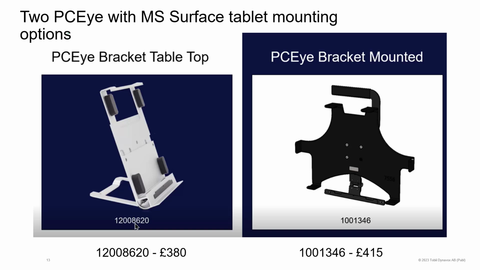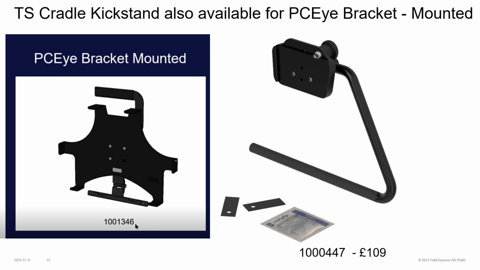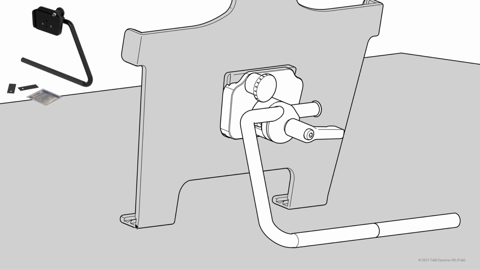This doesn't have an integrated kickstand, so if you do want to use it on a table, you'd either have to have something like a RayAdapt table stand, but you do have the option of a secondary kickstand for it, which will sit on the RayAdapt plate, and that's product number 1000447 at £109. And that's just a little view of how that kickstand would work. You can see it attaching to the RayAdapt plate on the back of the bracket.